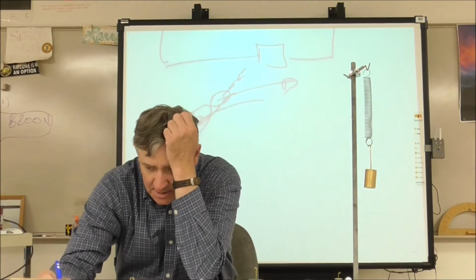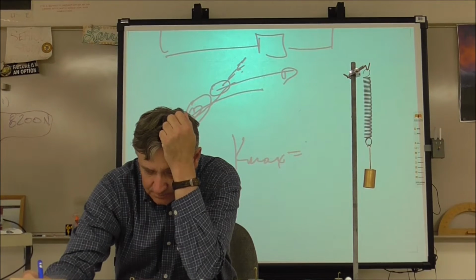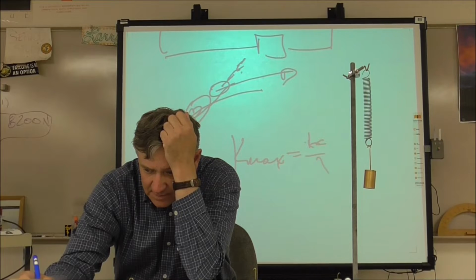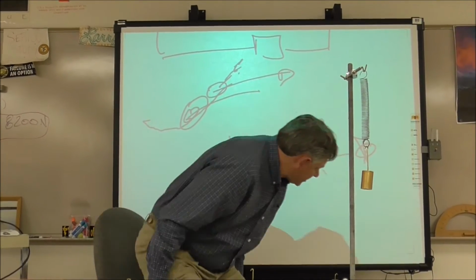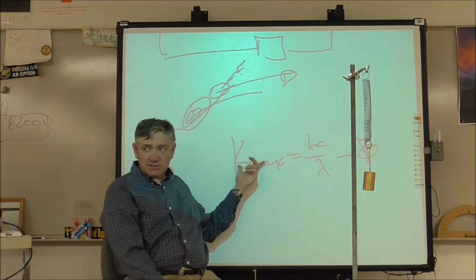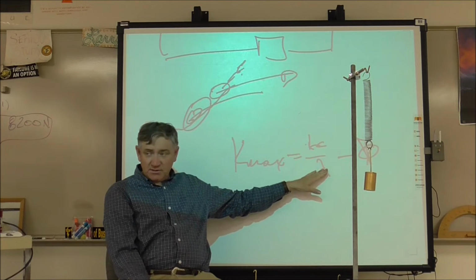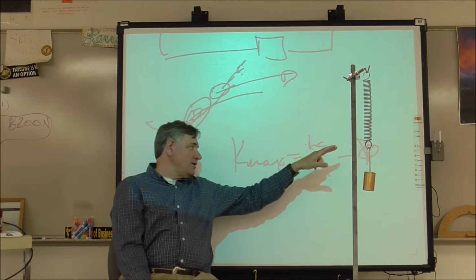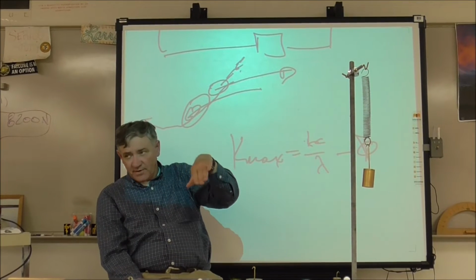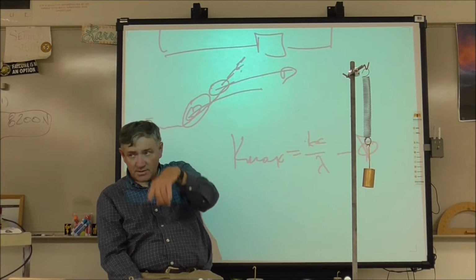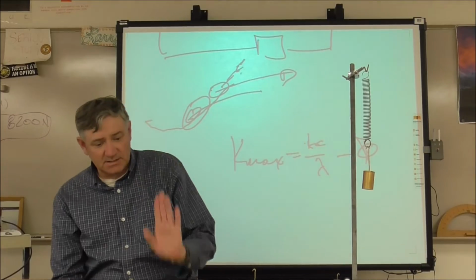At the end of the day, you're going to look at K max equals hc over lambda minus your work function psi. So you're going to figure out how much energy it takes to stop that voltage. You're going to calculate how much energy the photons had, and then work backwards to find the value of the work function. Once you find the value of the work function, you're going to go to that table and figure out what that metal is. So that's kind of the process.